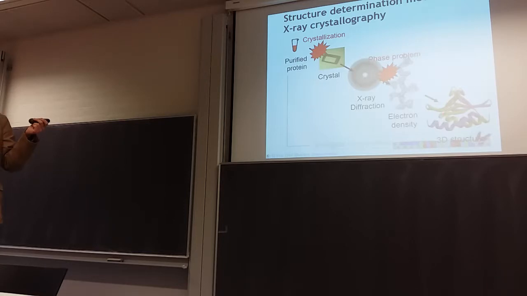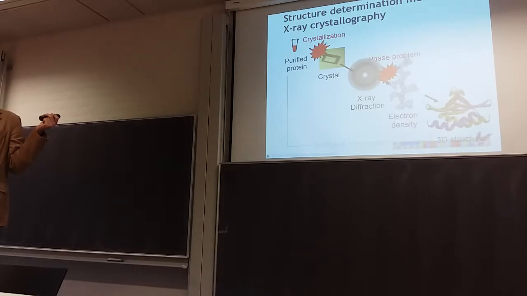The most important thing to remember, if that's the only thing you remember of crystallography from this lecture today, remember this. The 3D structure, so the atomic coordinates that are deposited in the PDB, are not experimental data. They are derived data. The only experimental data that you have in your crystallography experiment is the diffraction pattern.